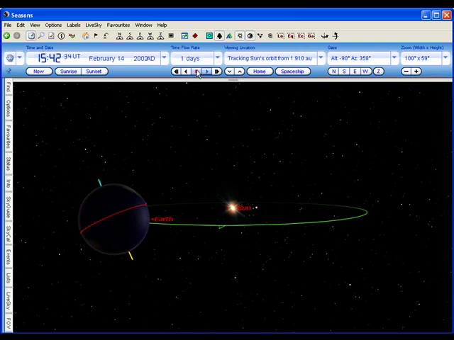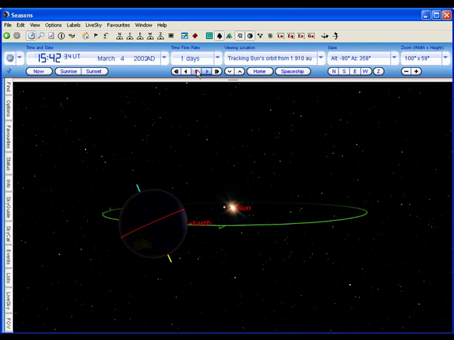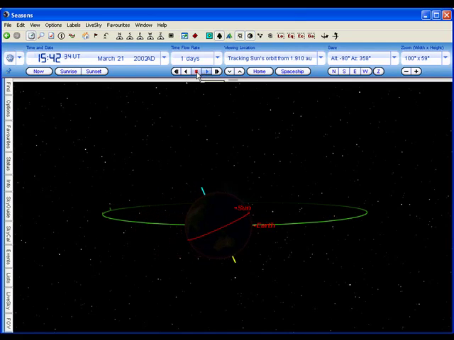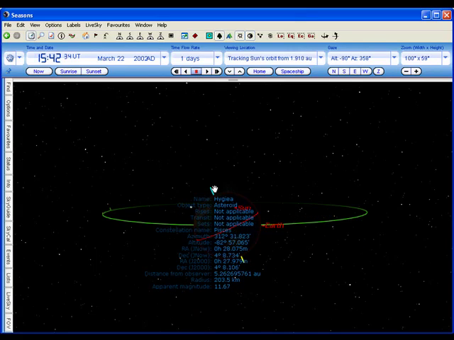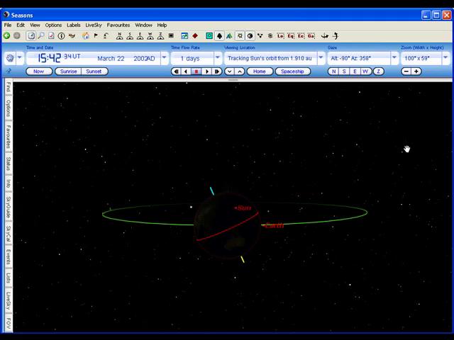But on March 22nd, you can see that the Earth is tilted on its axis, but because it's in the middle part of its orbit, it's neither tilting away nor towards the sun, and so the sun's rays are hitting the Earth's equator directly at noontime. They're perpendicular, and so we have the same number of hours of sunlight in the northern and southern hemisphere.